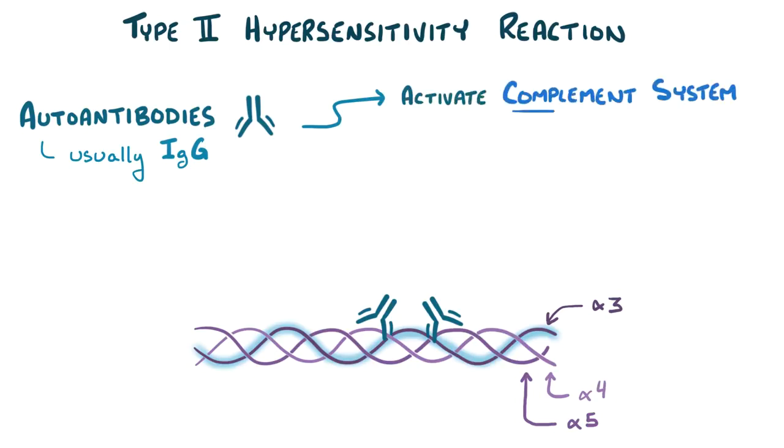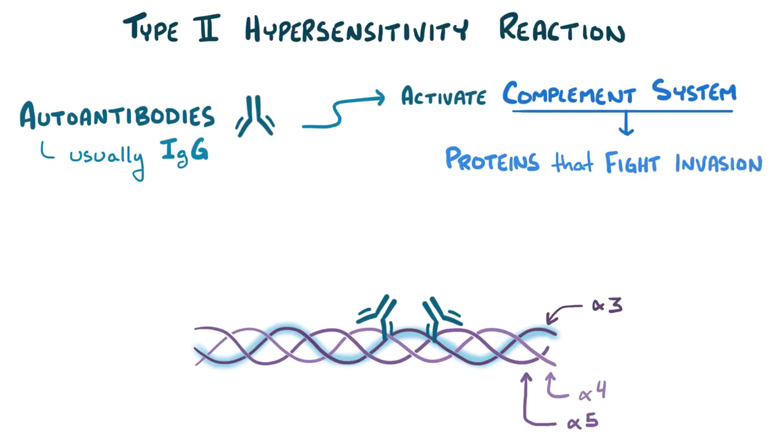Now, the complement system is a series of small proteins present in the blood that act like an enzymatic cascade to fight off bacterial and other pathogenic invasions. When the FAB portion of the IgG molecule inappropriately binds to the alpha 3 chain, C1, which is the first of the complement proteins, binds to the FC portion of the IgG molecule.